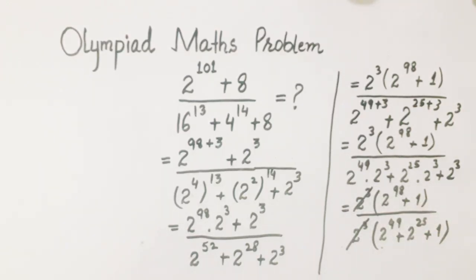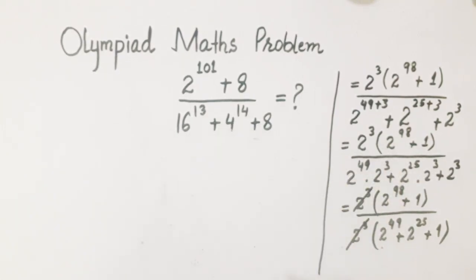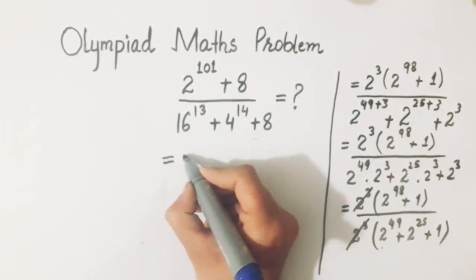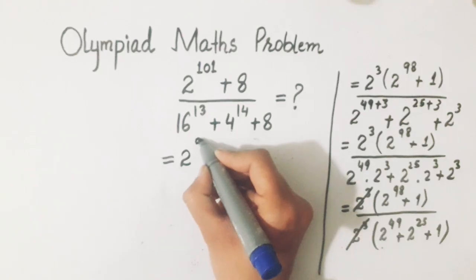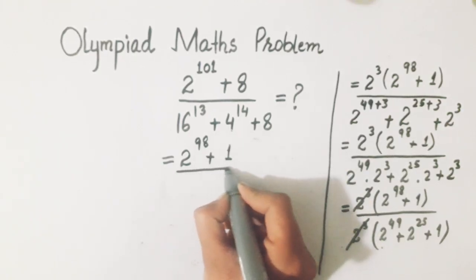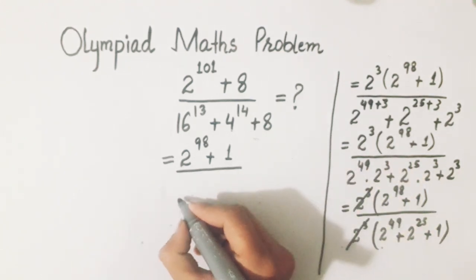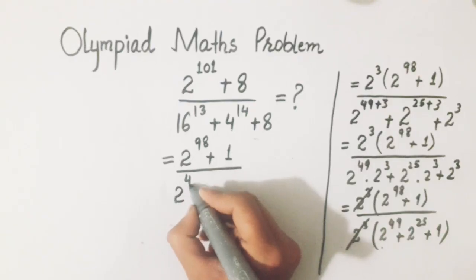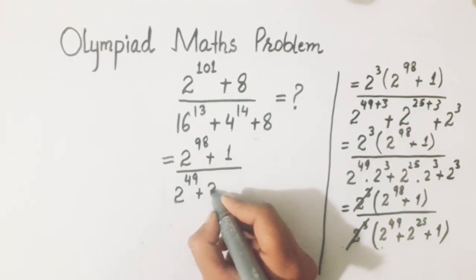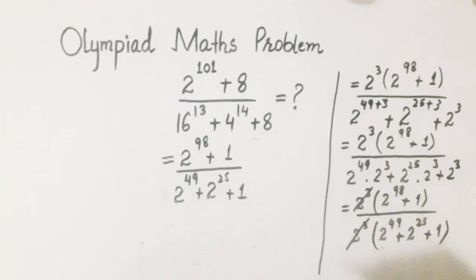So we get 2 raised to power 98 plus 1, divided by 2 raised to power 49 plus 2 raised to power 25 plus 1.